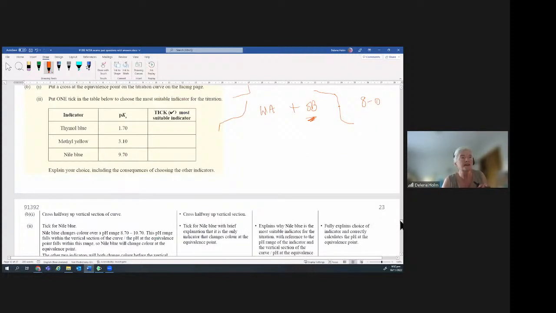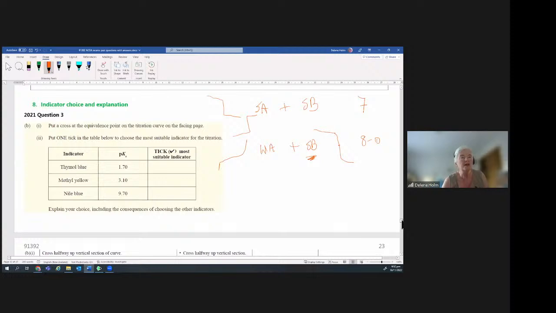So with indicators, remember that the equivalence point pH needs to match the color change of the indicator.